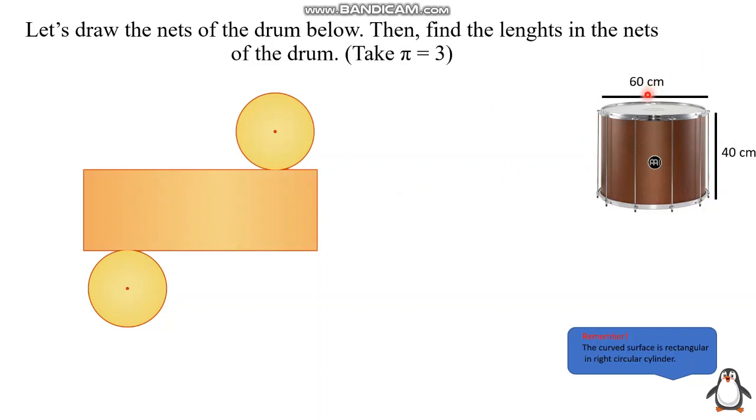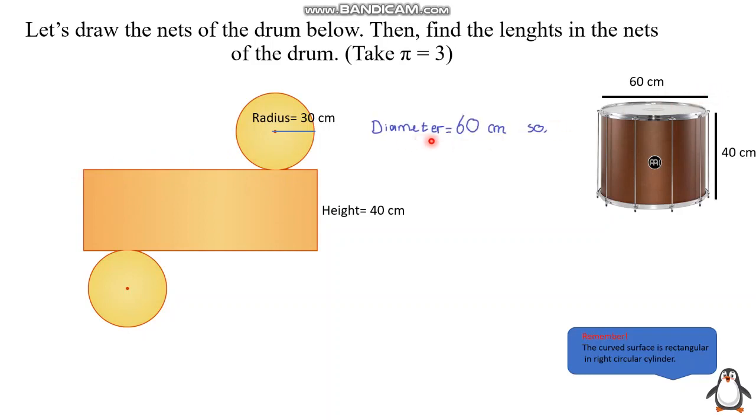It says the diameter of the circle is 60 centimeters. So the radius will be 30 centimeters. And this is the perpendicular distance between two bases. This is our height, and this is 40 centimeters. And now I want to find the length of this side.